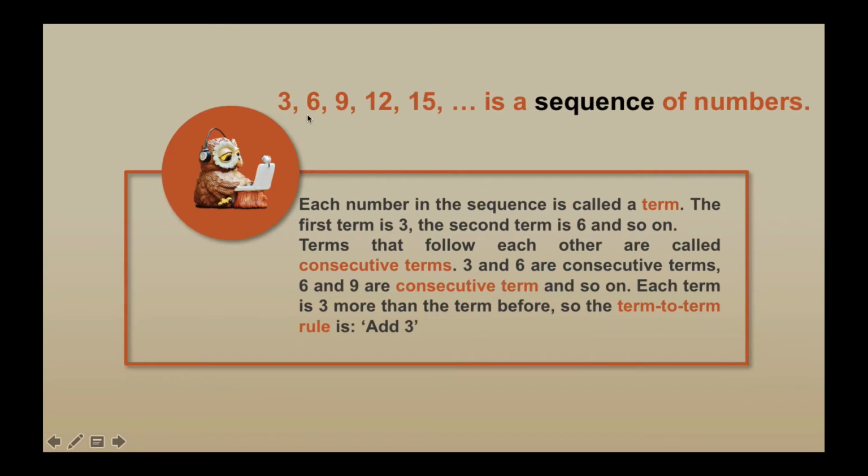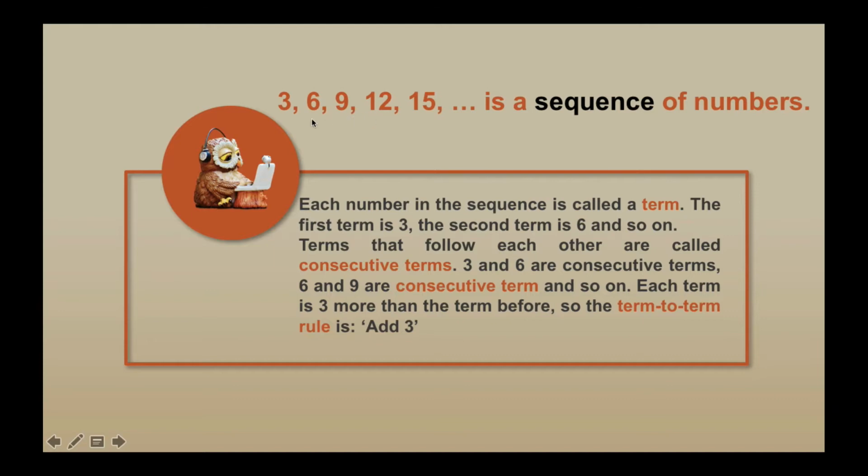If we have 3, 6, 9, 12, 15, and so on, it is a sequence of numbers. Each number in the sequence is called a term. The first term is 3, the second term is 6, and so on. Terms that follow each other are called consecutive terms. 3 and 6 are consecutive terms, 6 and 9 are consecutive terms, and so on.